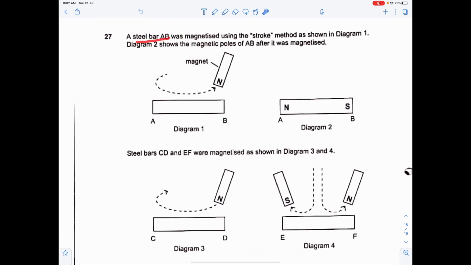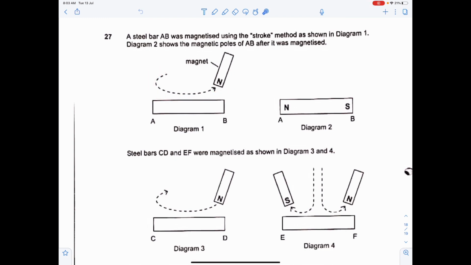A steel bar AB was magnetized using the stroke method as shown in diagram 1. Diagram 2 shows the magnetic poles of AB after it was magnetized. So from here, you can actually deduce what happens when you use the stroke method. The stroke method is always from this end to the other end, lift up and repeat.